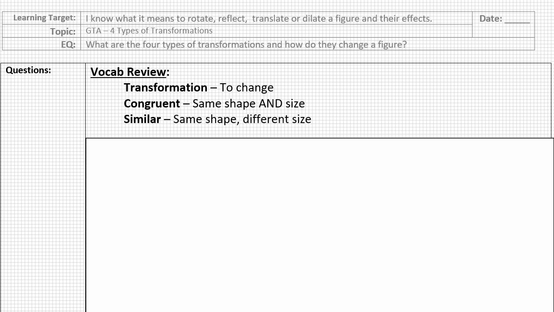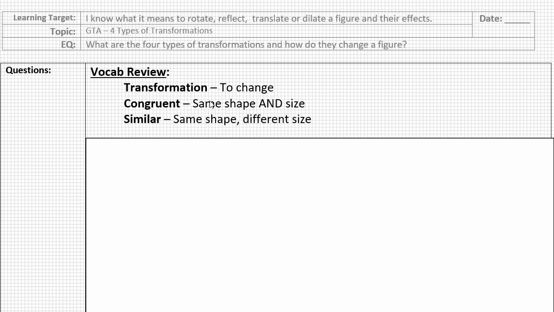As we learn about each of the 4 different types of transformations, we're going to be looking at how the shapes change. Are they retaining the same shape? Is the size staying the same, or is the size changing? And being able to notice these changes in the shapes will help us to identify each of the different 4 types of transformations.